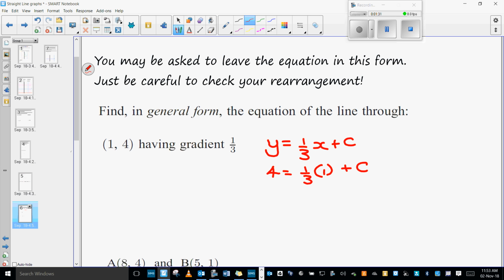Layla, how would I rearrange to get c? 4 whole 1s subtract 1/3 is 3 2/3, yes? Which is 11 over 3.